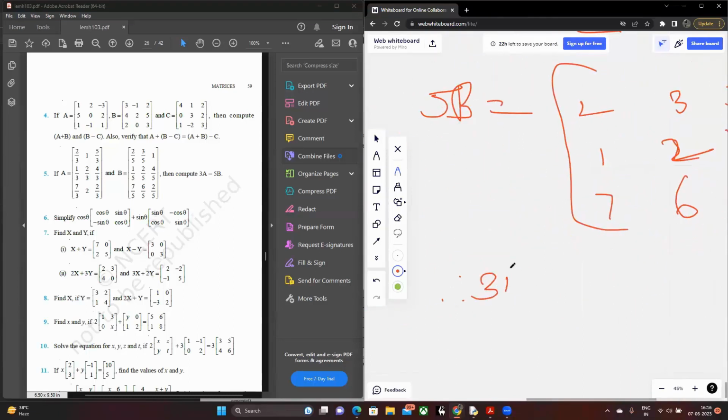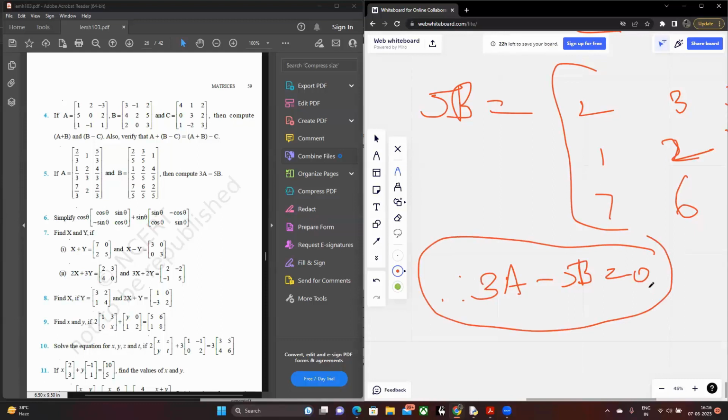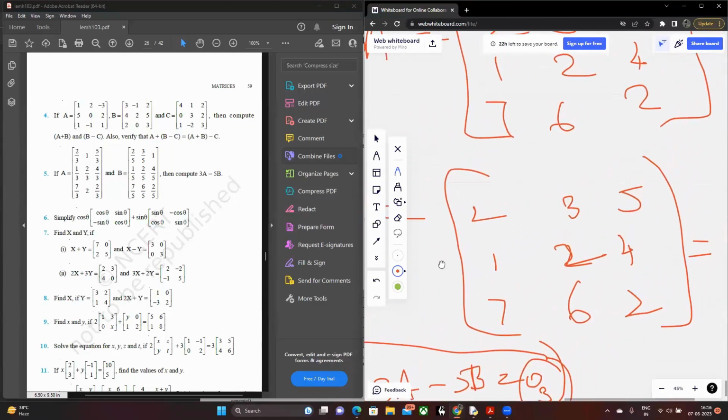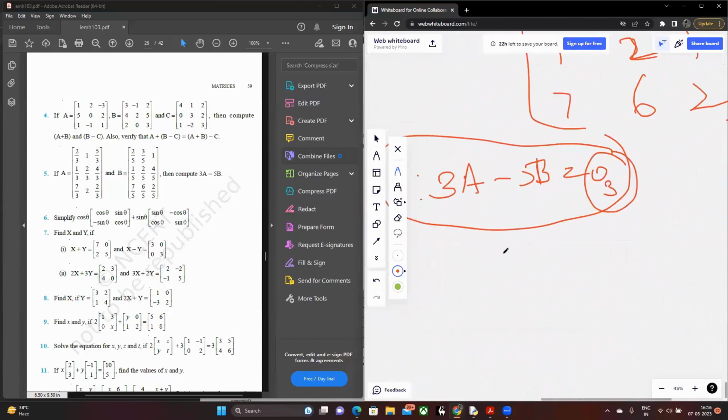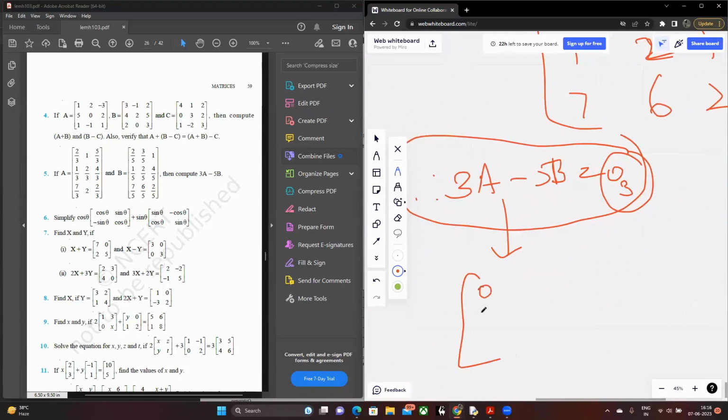Therefore, 3A minus 5B is going to be equal to 0. Right? It's actually going to be equal to O3, that is the 0 matrix of order 3. Right? Because 3A minus 5B is going to be a matrix of 9 zero elements in the form of a square matrix. Alright. And so you have 3A minus 5B being O3, that is the 0 matrix of order 3.